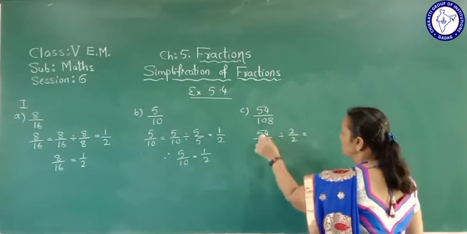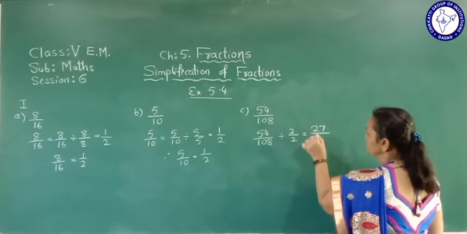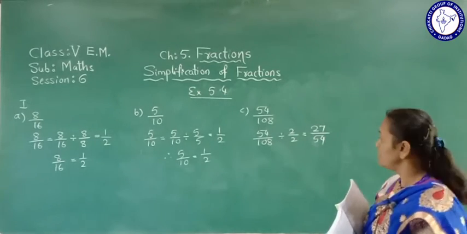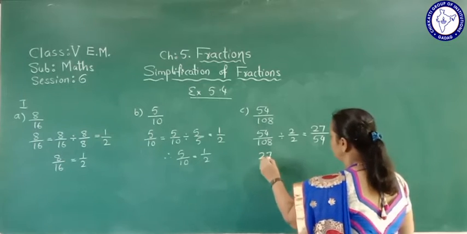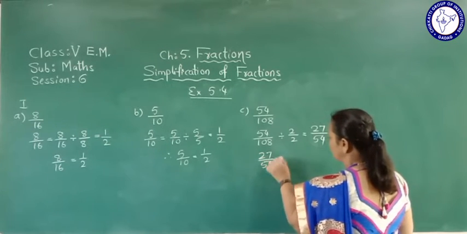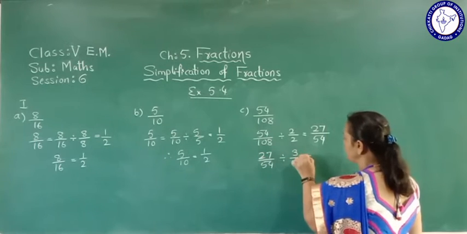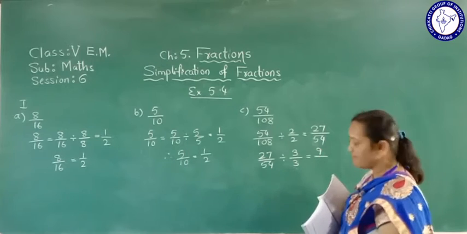So we get 27 and 54. Now again 27 and 54, you can reduce it by 3, isn't it? So this 27 by 54 divide by 3. Then we'll get 3 nines are 27 and in the 54 table where you will get 3?